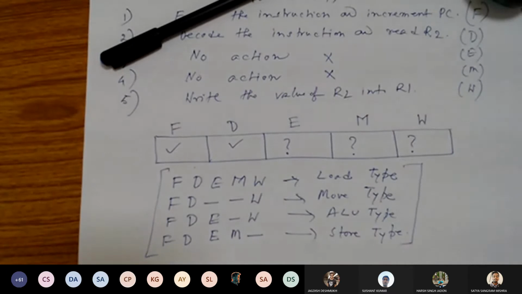Can someone tell me what kind of common operation is being done, so that we first understand how that kind of circuit can be designed? Fetch and decode. No, I'm not talking about stages. I'm talking about a common unit of operation.